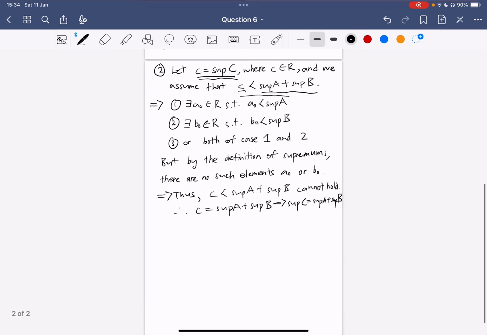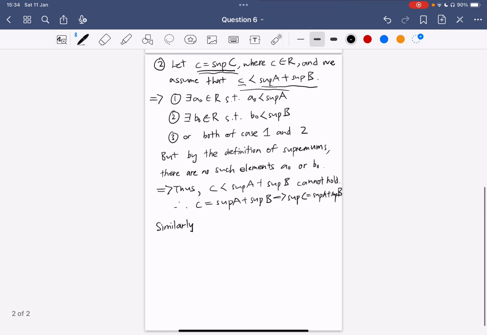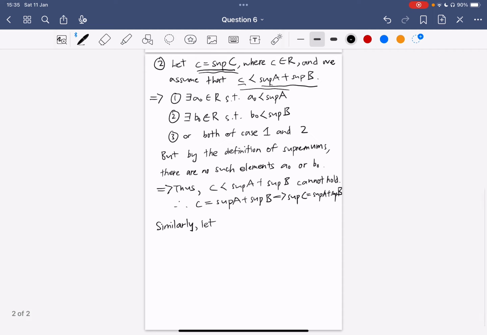Okay. Now similarly, it's the same thing again for inf. I'm just repeating what I did for the supremum. Similarly, let's call it C2 to inf C, and C2 is an element of the set of real numbers.